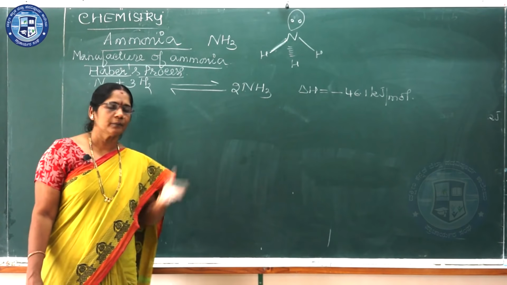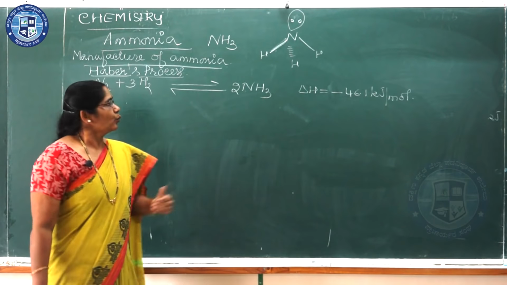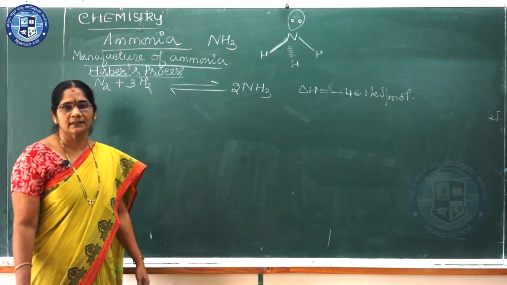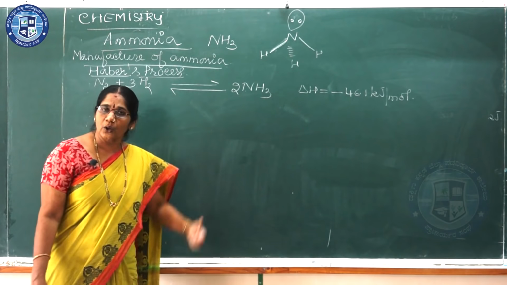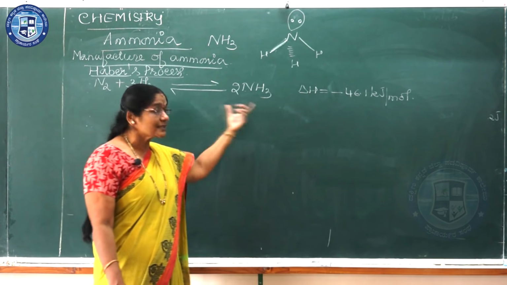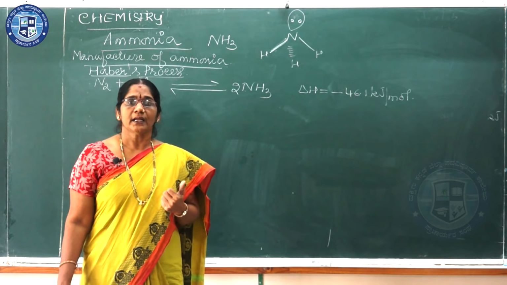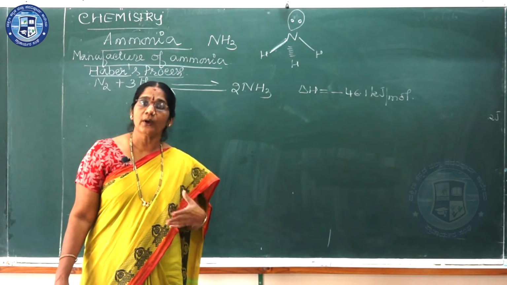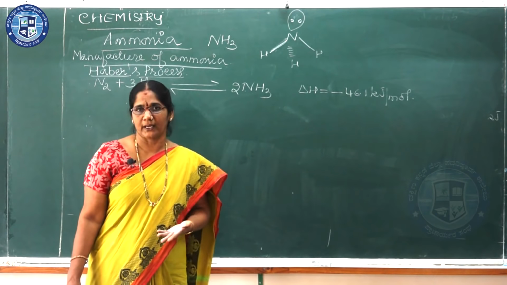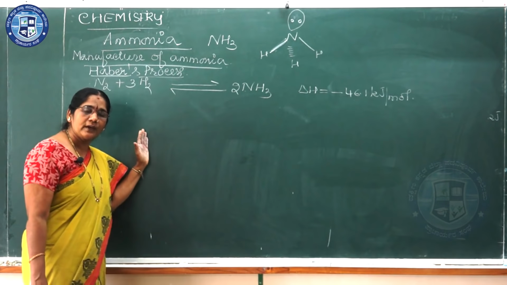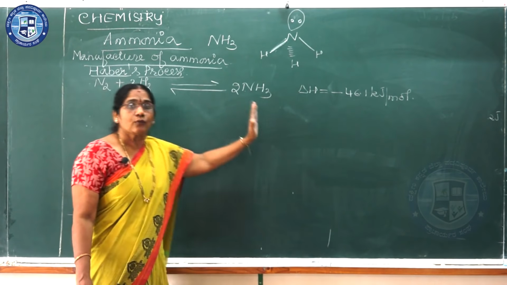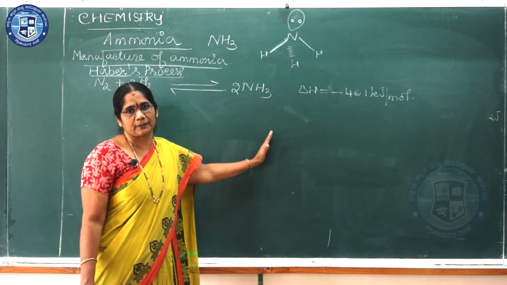About equilibrium you have studied in the first year. Once the equilibrium is reached, the concentrations are constant. Then how do I get ammonia in maximum amount, or how do I increase the amount of ammonia, or I have to favor this reaction in the forward direction.